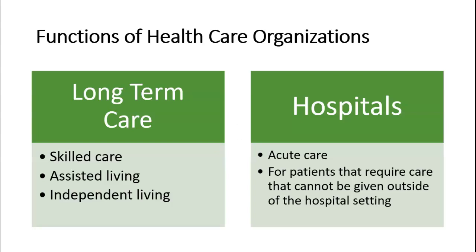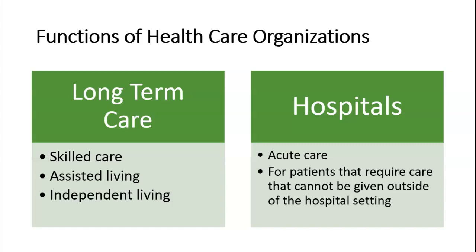So starting with this, functions of healthcare organizations. It's important to understand the different types of healthcare that there are. There's long-term care, which is what we focus on primarily in this program. The Illinois Department of Public Health, which governs our program, is mostly focused on long-term care. So we're going to learn specifically a lot of what revolves around that.